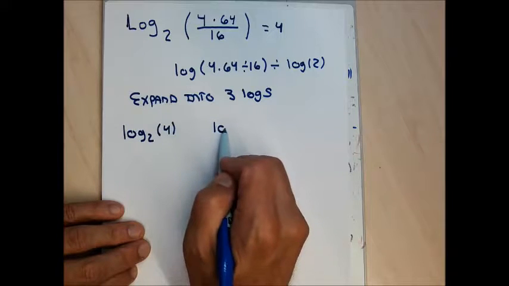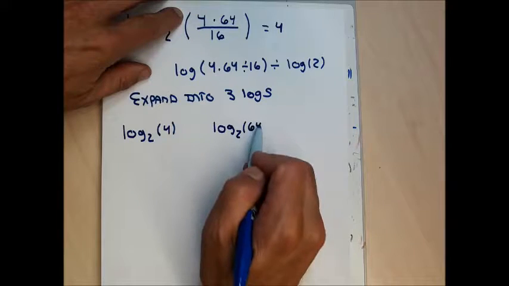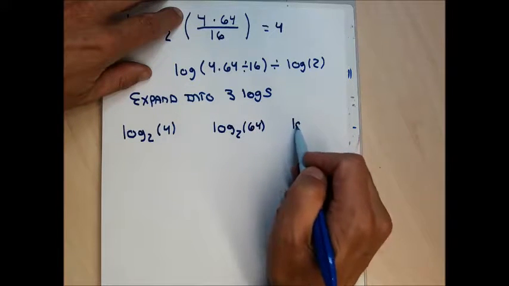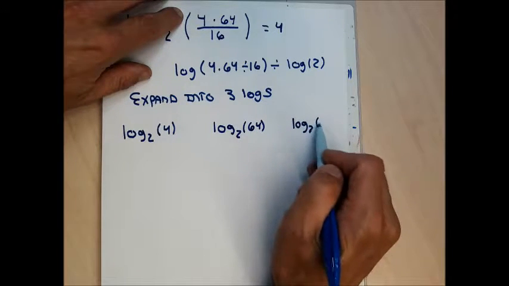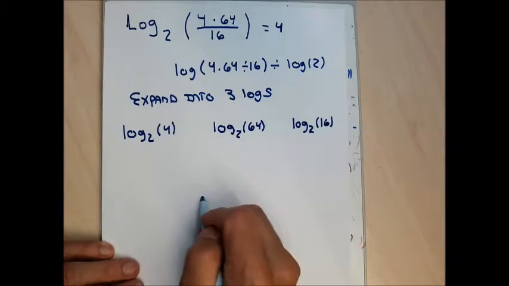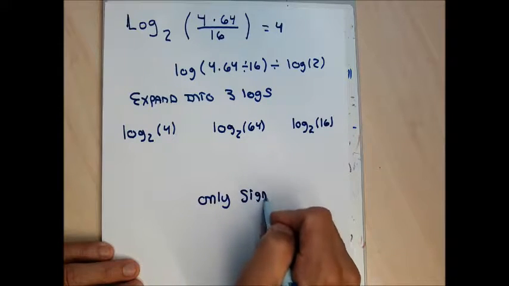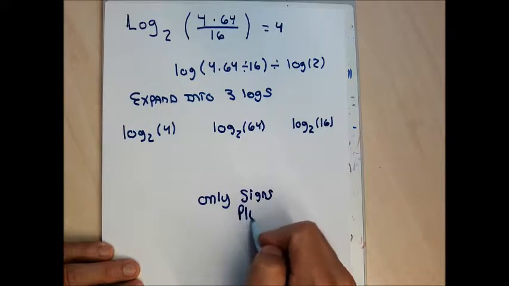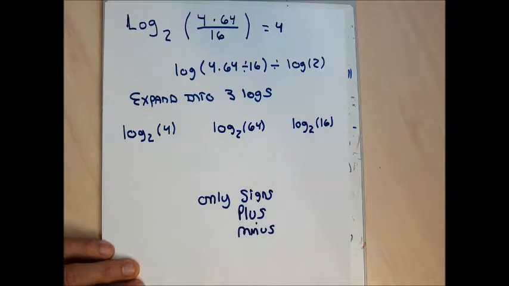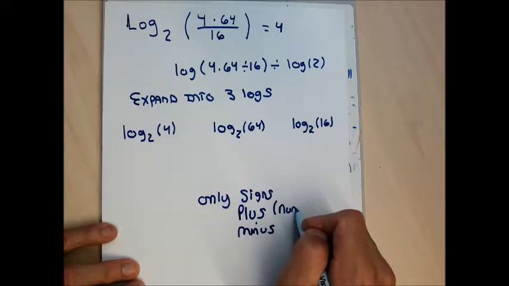So I need a log base 2 for the number 4, a log base 2 for the number 64, and the log base 2 for the number 16. When I go to put signs between these, the only signs that I'm allowed when I expand using my rules are plus or minus. And it's real easy to know whether I get a plus or a minus sign between the logarithms. I get a plus sign if the number's in a numerator.